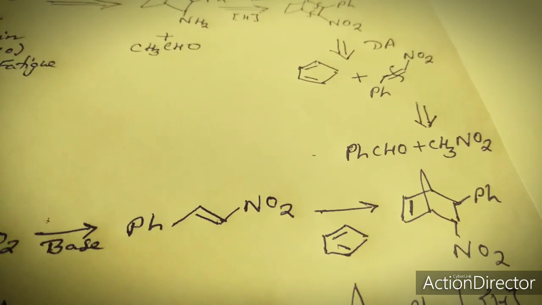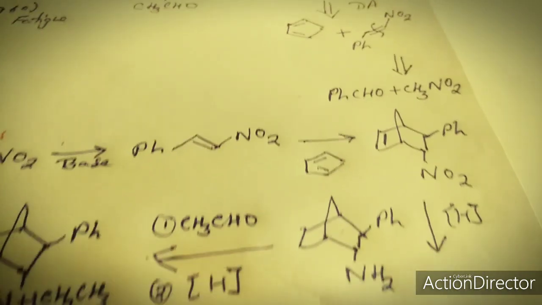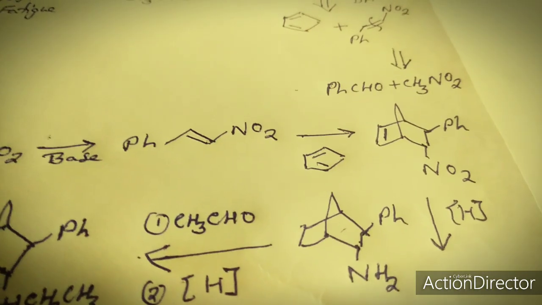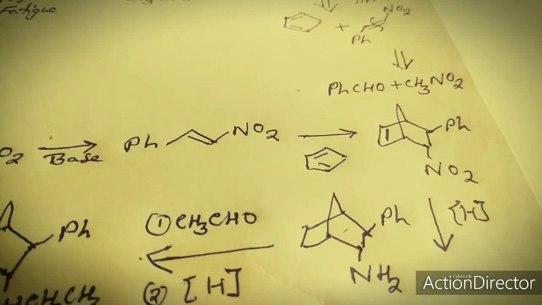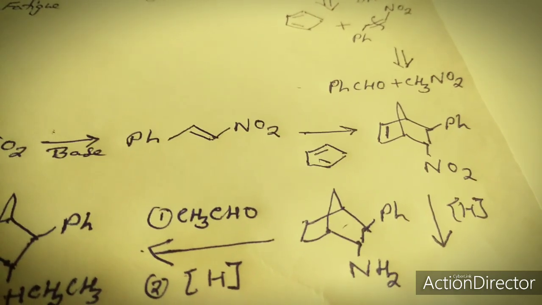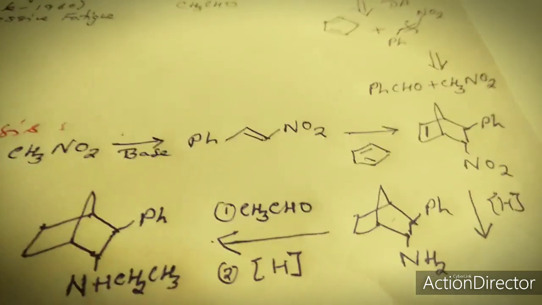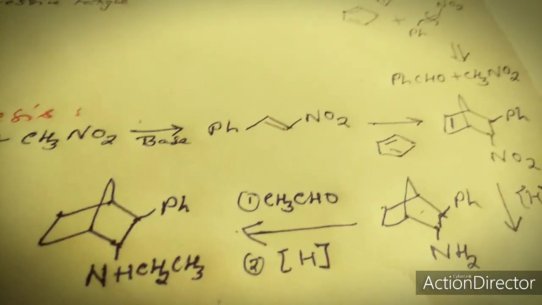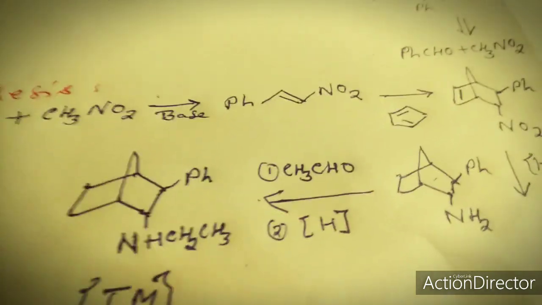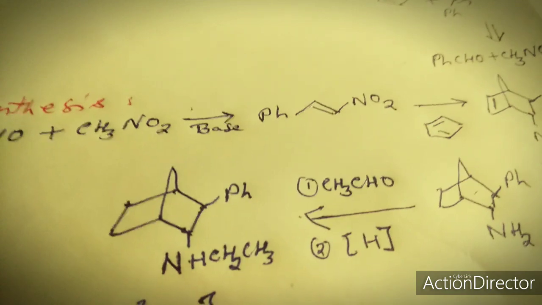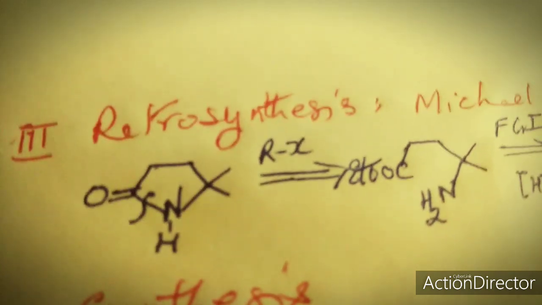Now this on reduction gave us NH2, the latent functionality, which with CH3CHO and finally reduction led to the target molecule. Now let's see the use of nitro compounds in Michael addition.